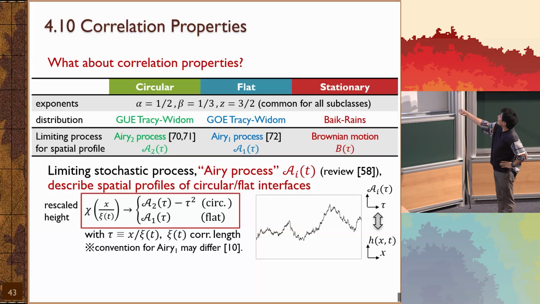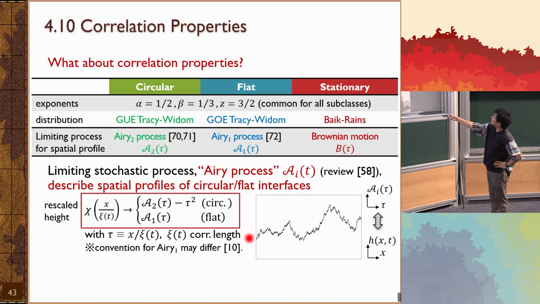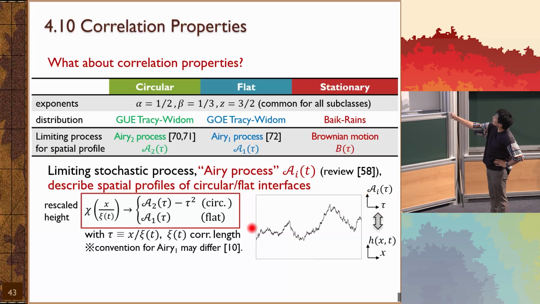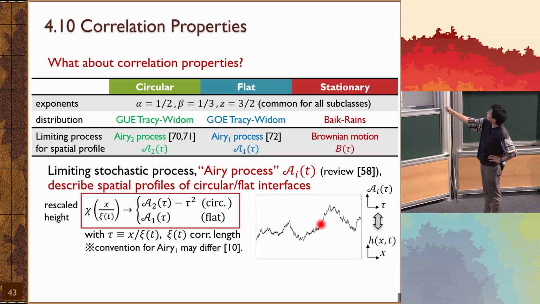And in the time infinite limit, this trajectory can be expressed as a kind of stochastic process if you regard the horizontal axis as time. So this is the limiting process, which characterizes the equal time multi-point spatial correlation properties.